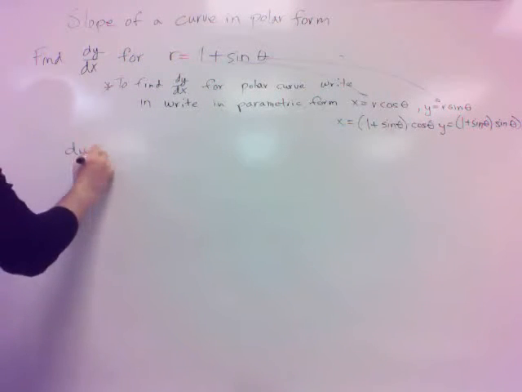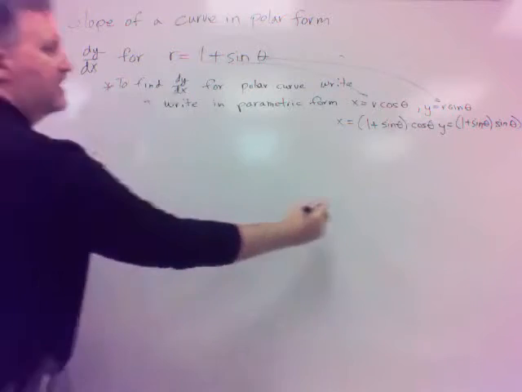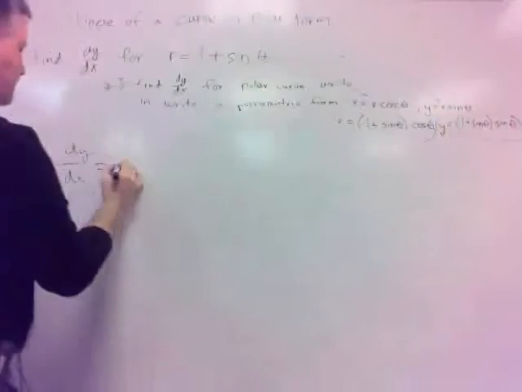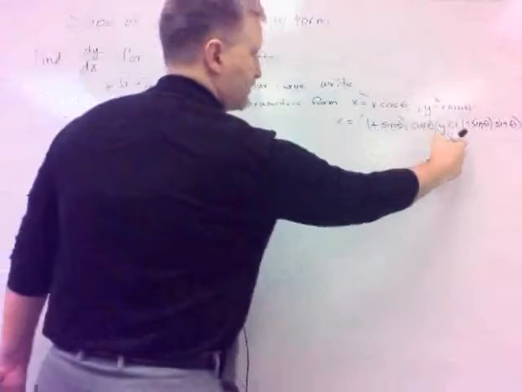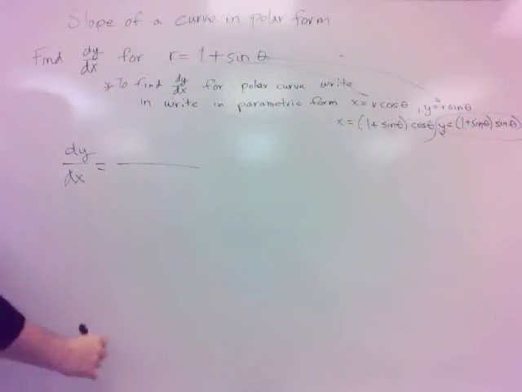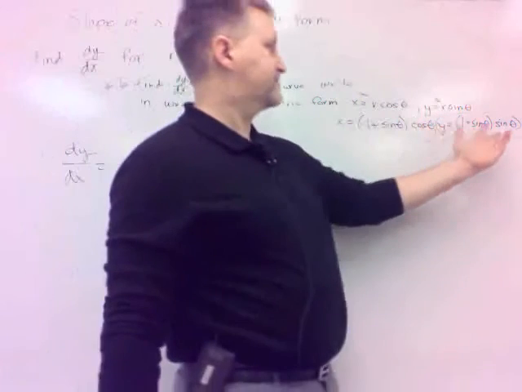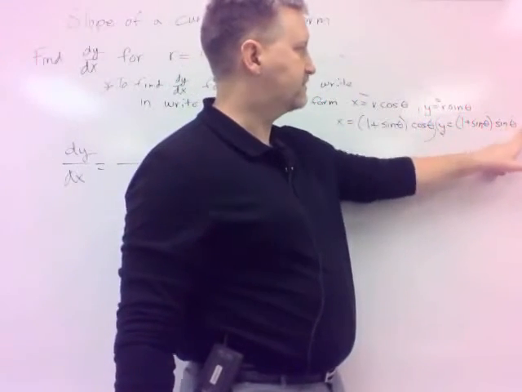So what is dy/dx? Well, I would take the derivative of the y one. So I do the derivative of 1 plus sine theta times sine theta. Sometimes you might be able to simplify if there's a much simpler form of that.